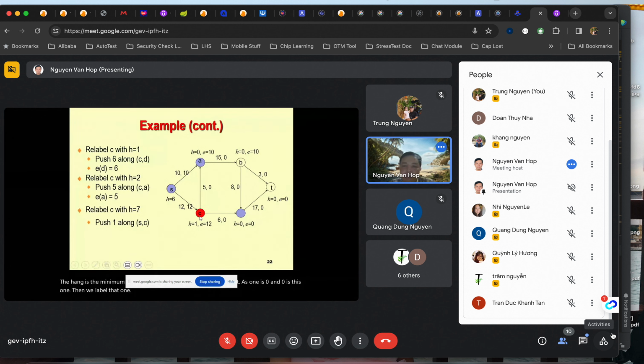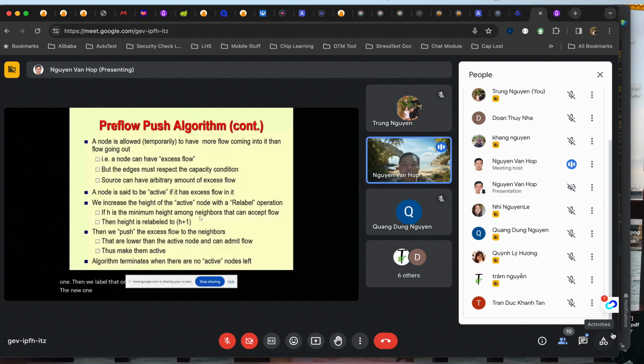Okay. Go back here. Then we push the excess flow to neighbors that are lower than the active node and can admit flow, thus making them active. Okay. The main algorithm is this one.